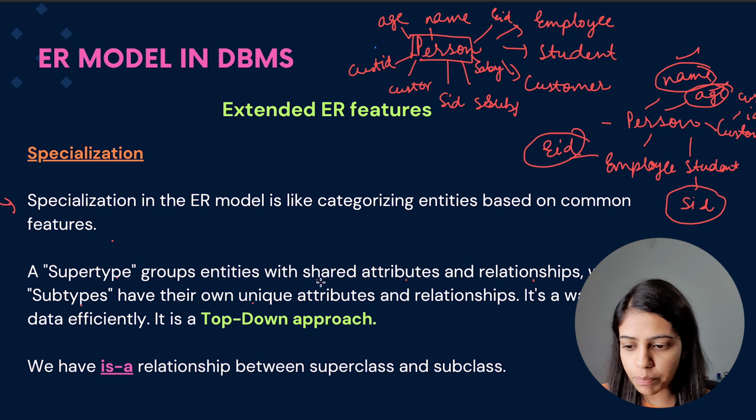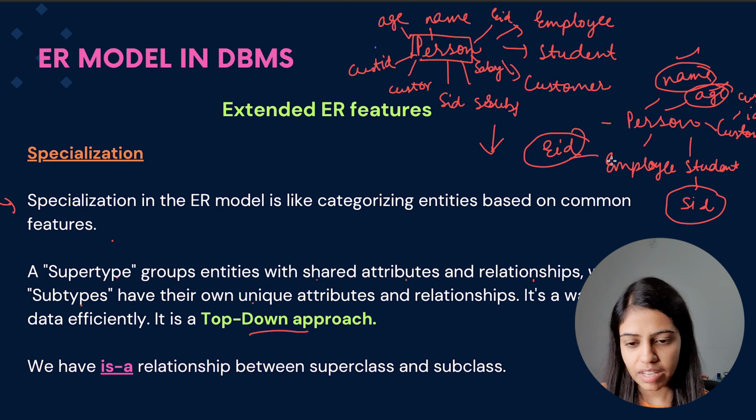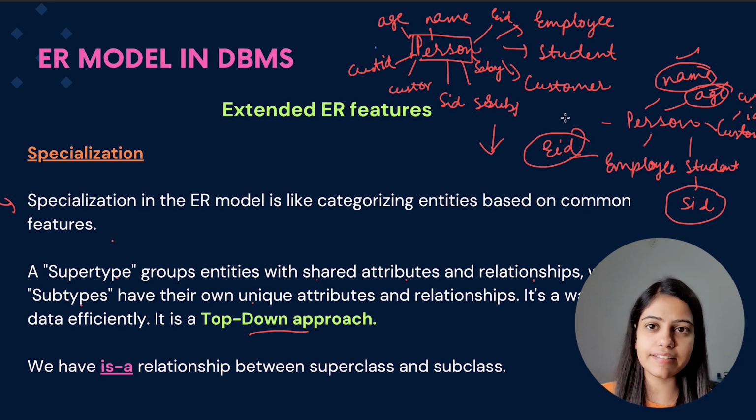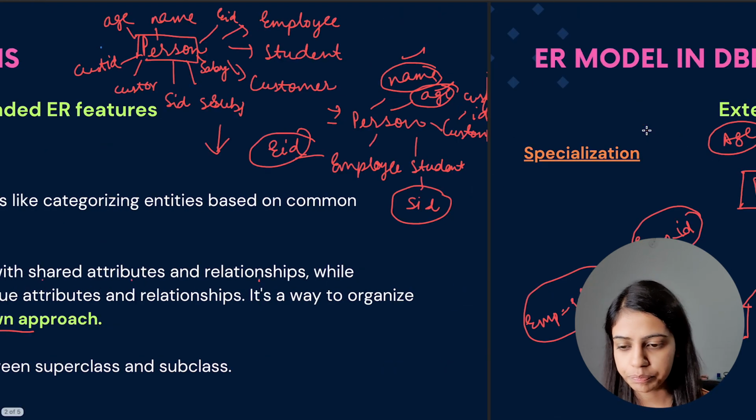It's a way to organize data efficiently. It is a top-down approach. As you can see, person is being subgrouped into employee and student. It basically follows the inheritance way, where there is a superclass and there are subclasses inheriting properties from the superclass.